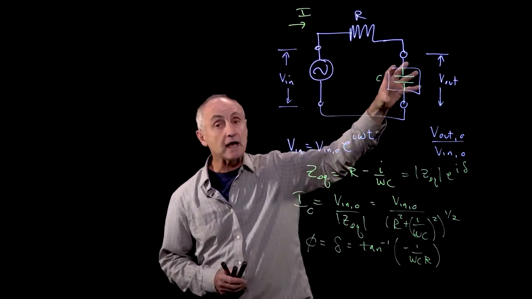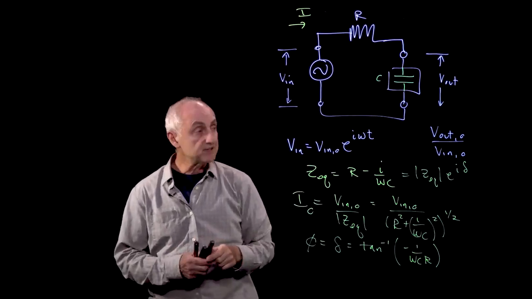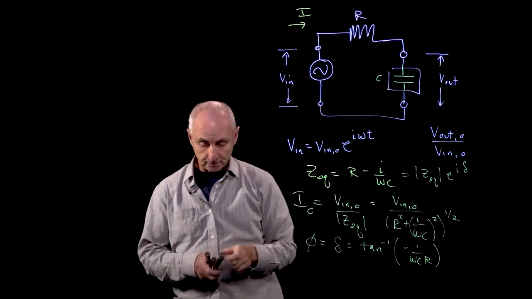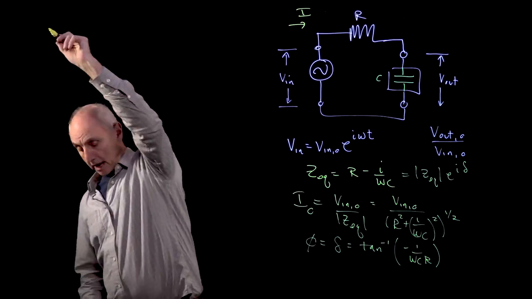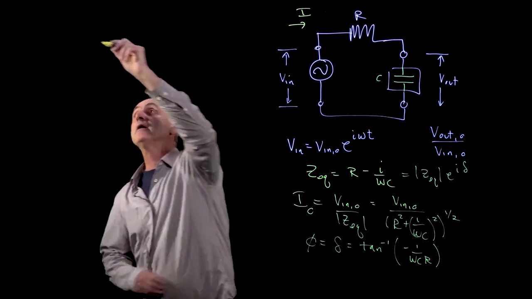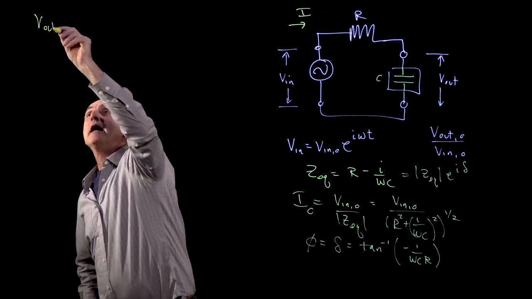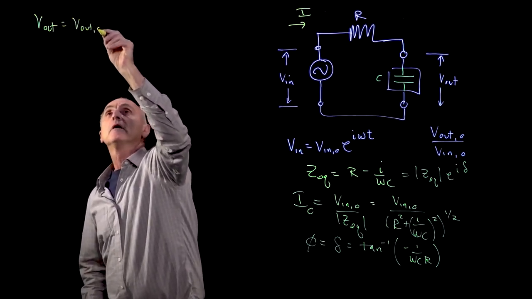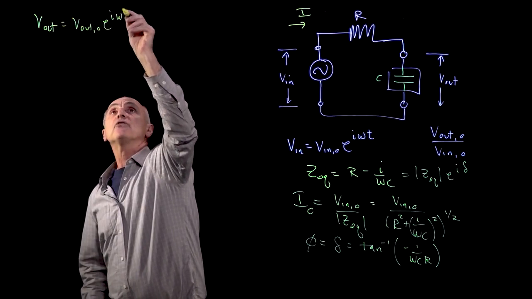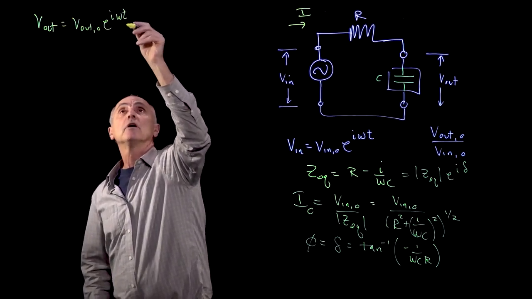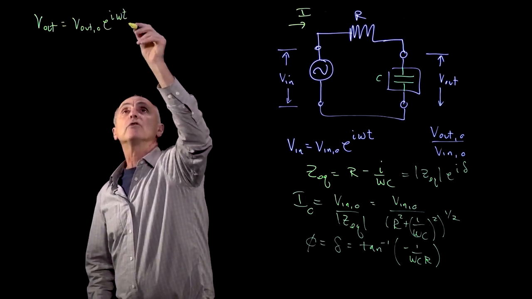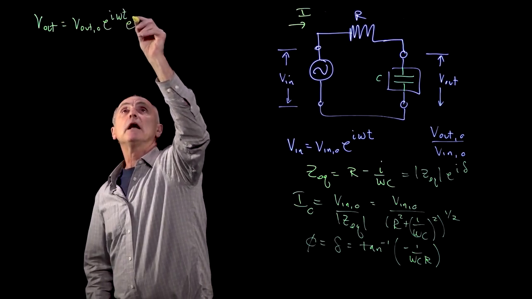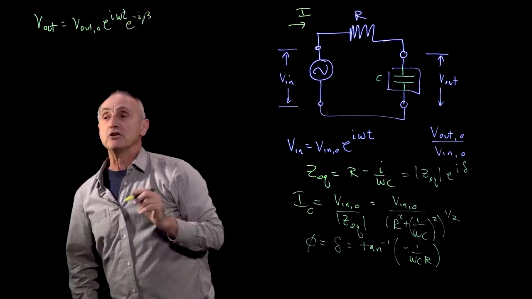Now, what we'd like to look at is the output voltage. So let's write V out as having an amplitude, it still has a sinusoidal phase given by the driven frequency, and here we'll have a slightly different phase shift.